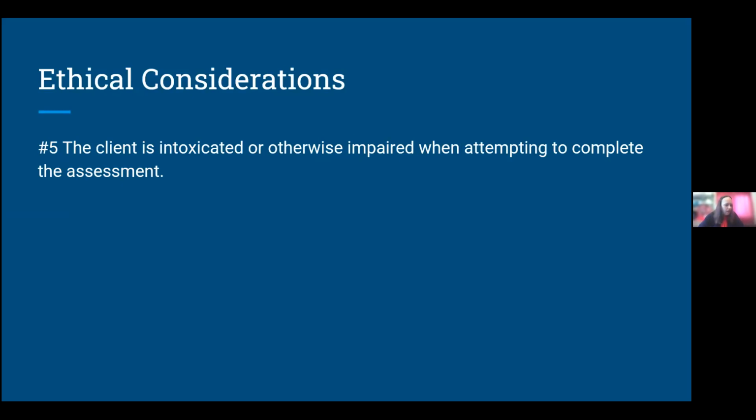And finally, we have a client that is intoxicated or otherwise impaired when attempting to complete the assessment. Ideally, we would like to come back the next day when the client is in the right frame of mind, because they're not going to be able to give us accurate information if this is the case.